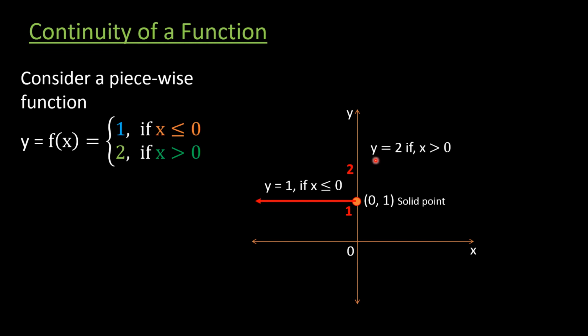Now y equals 2 when x is positive. The graph of y equals 2 will be a horizontal line, and since x is positive, the point (0, 2) will not lie on the graph of this function and hence has been shown by a hollow point.